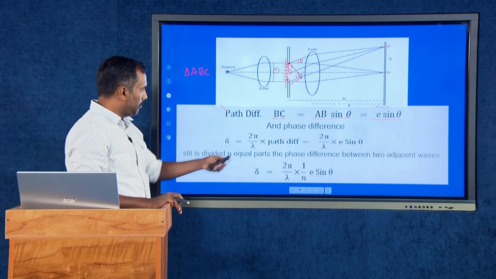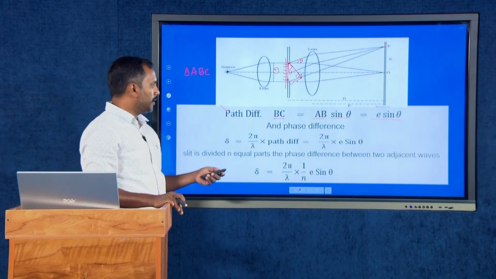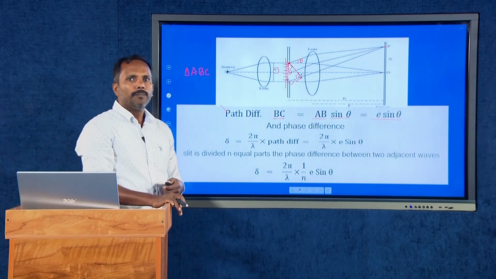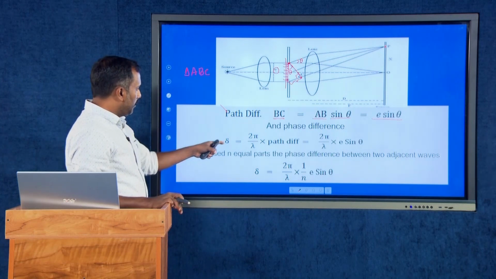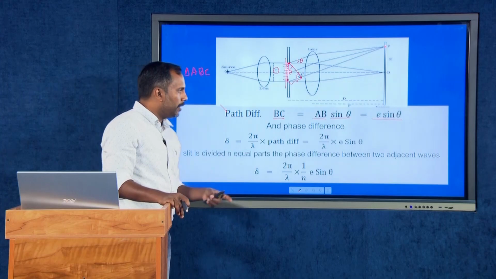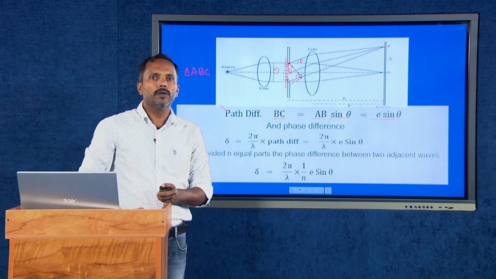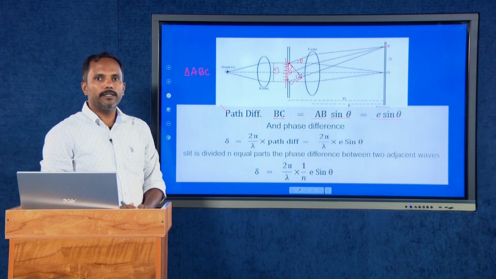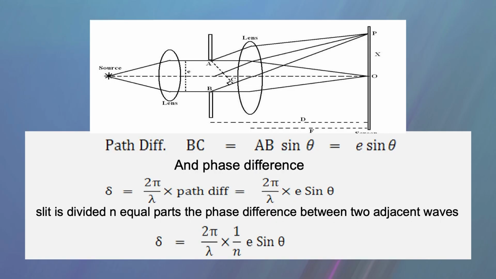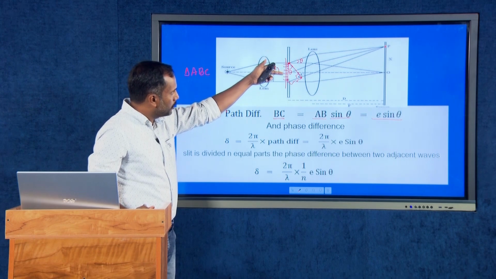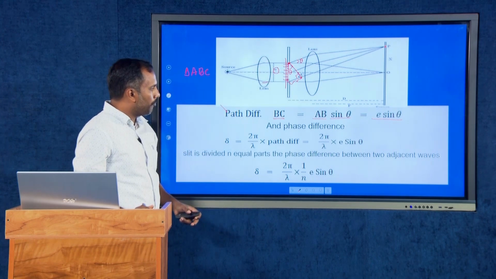If we have the path difference, it is quite easy to calculate the phase difference delta. Delta is equal to 2 pi by lambda into the path difference, that is 2 pi by lambda into e sin theta. Now, we consider that the slit is split into n equal parts.